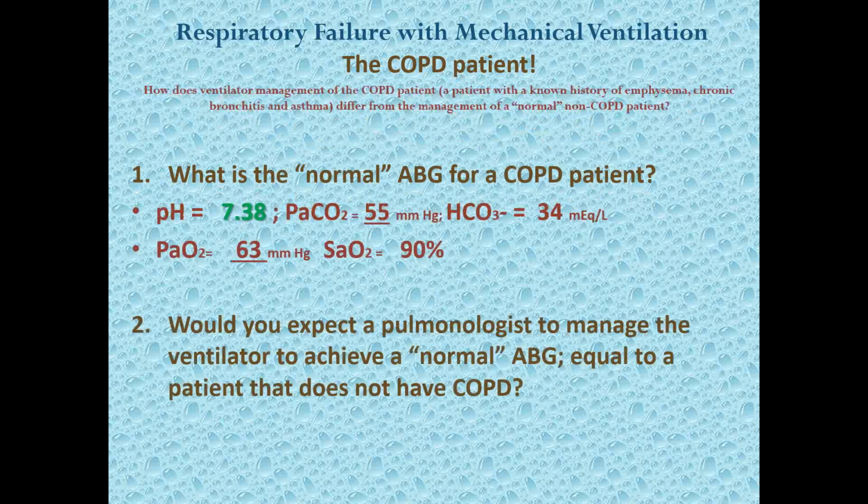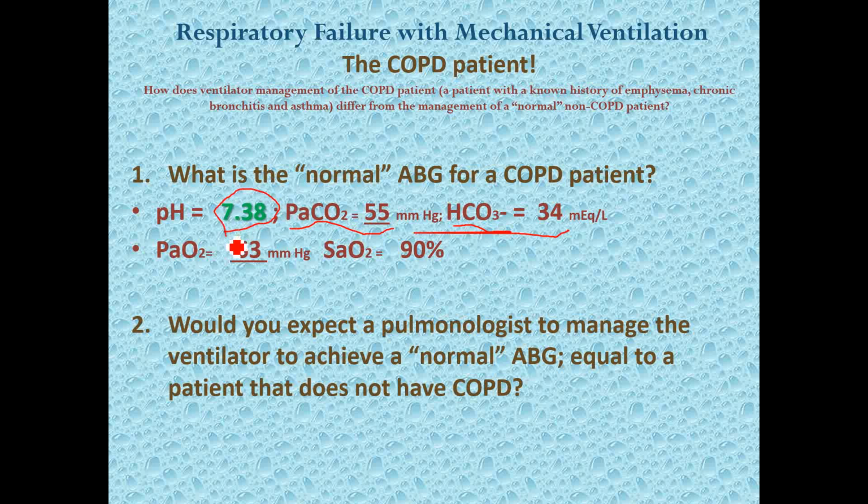Hopefully what you identified is that the normal ABG for a COPD patient is CO2 retention, and that is their normal. But because the CO2 is a chronic state, the kidneys will get into the fun and hold on to or make more bicarbonate. The end result is that the pH is normal.